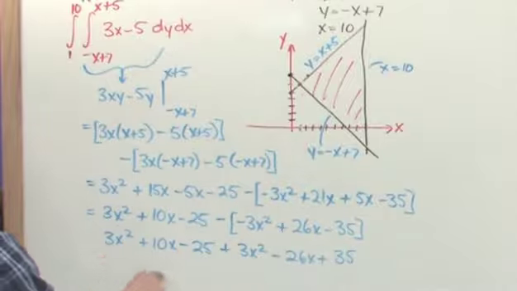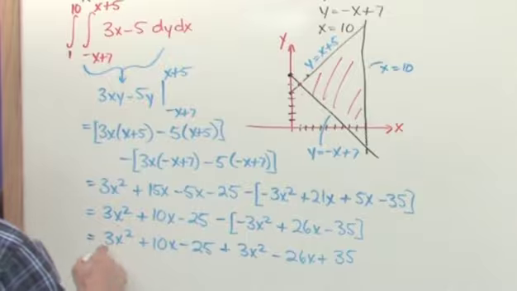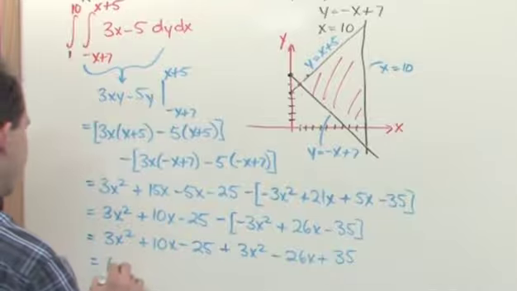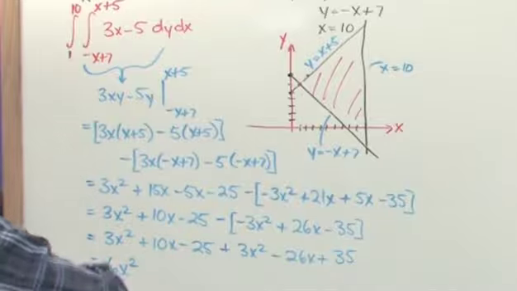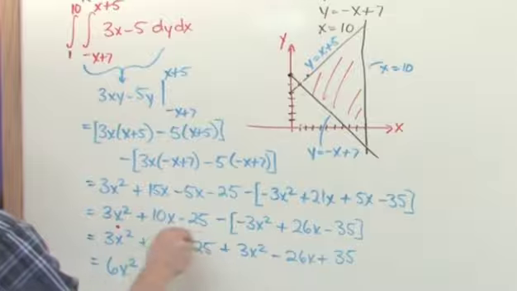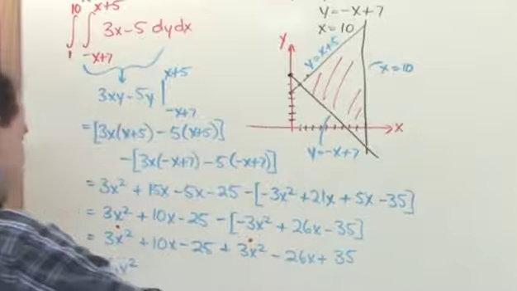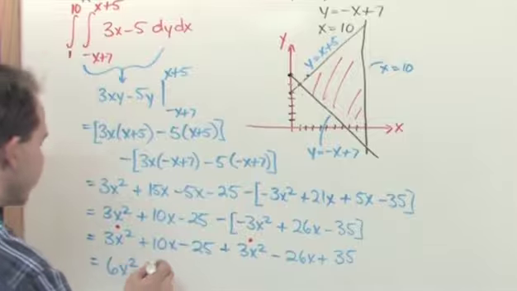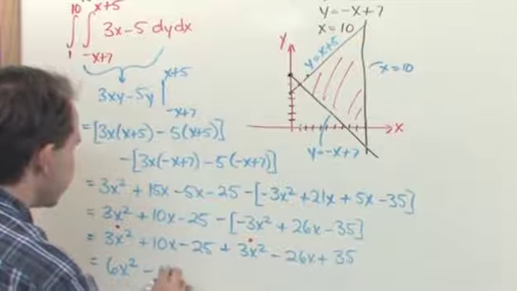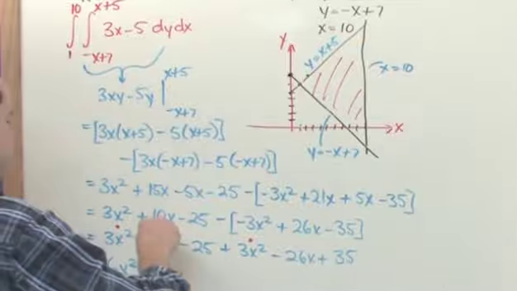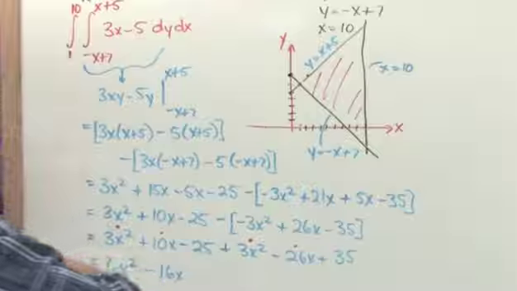Now let's go ahead and collect like terms. 3x squared plus 3x squared is 6x squared. And I'm going to put a dot over this and a dot over this just to show myself that I actually added that stuff together. Now the 10x minus the 26x there is going to be negative 16x. And I'm going to put a dot over this and a dot over this so I've reminded myself there.